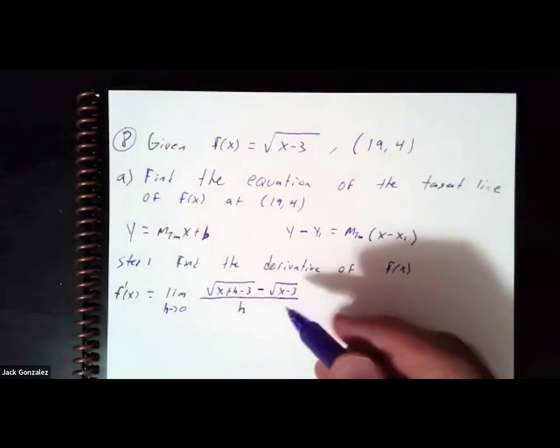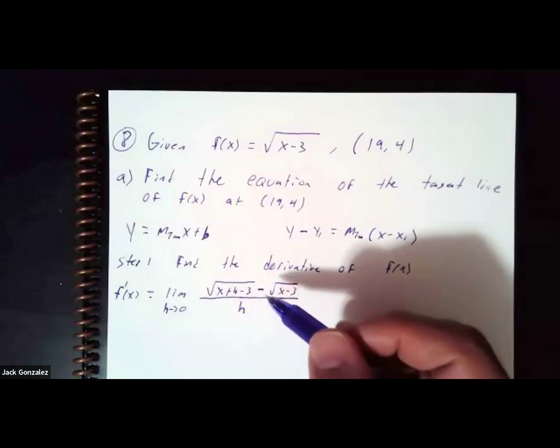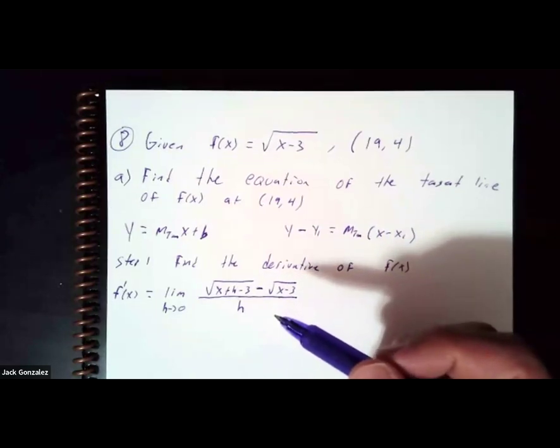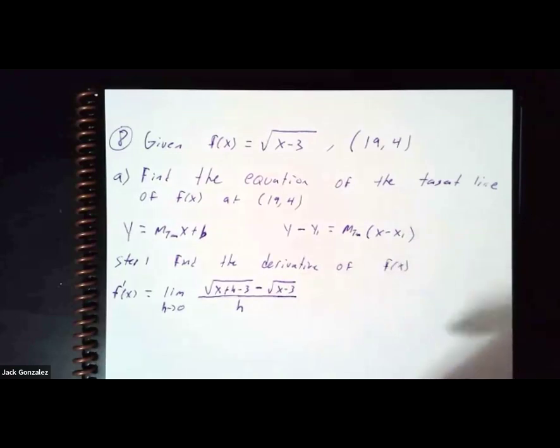Do you remember back from chapter 2 how we took these kinds of limits? The square root should trigger an idea, I hope. You would use the conjugate, right? Yeah, we need the conjugate. So use the conjugate, do the algebra, see what cancels, and then take the limit. Oops, I skipped a step.